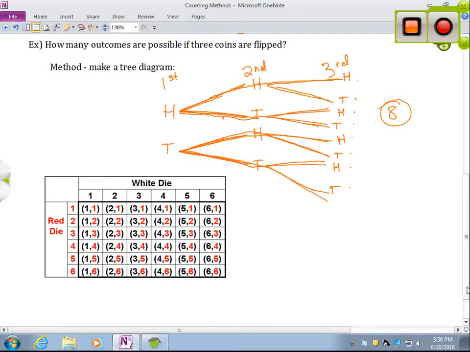Rolling something on the first die doesn't affect what you could possibly get on the second die. If you get a 2, you still have an equal chance of getting a 5 on the second die as if you had rolled a 3 on the first one instead. That doesn't really matter. So I would really recommend that you keep an eye on this chart, maybe keep it out while you're doing homework or on a quiz.